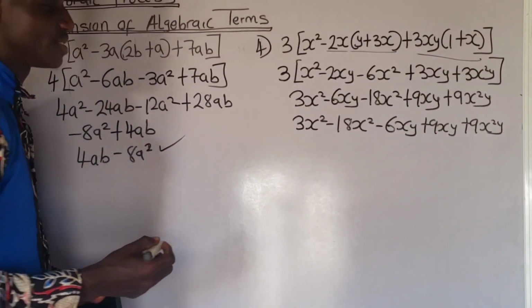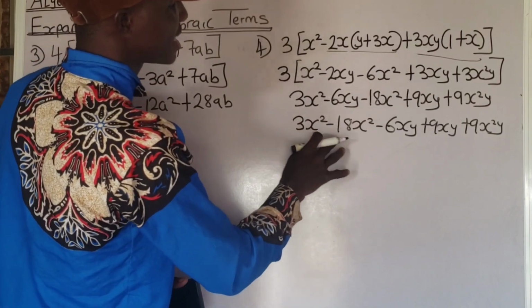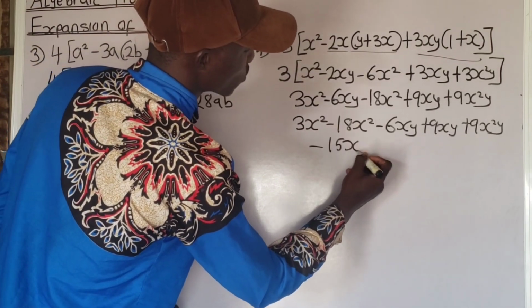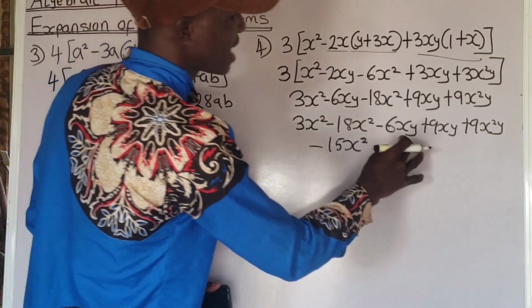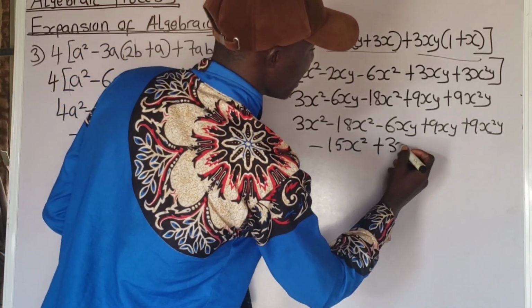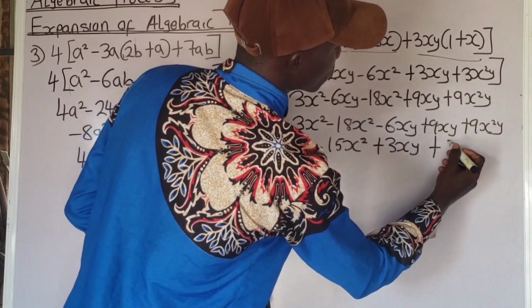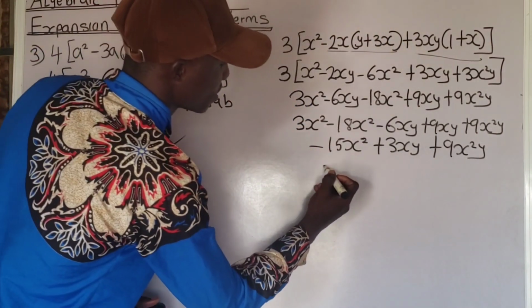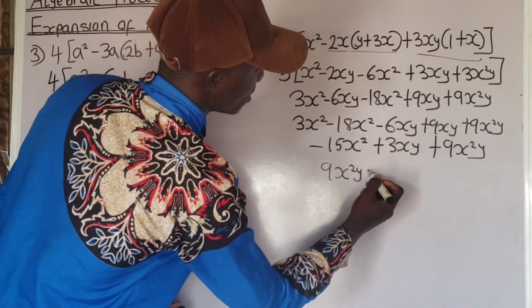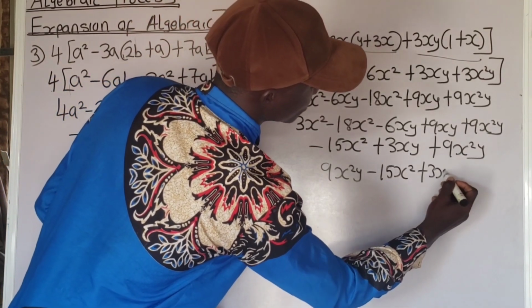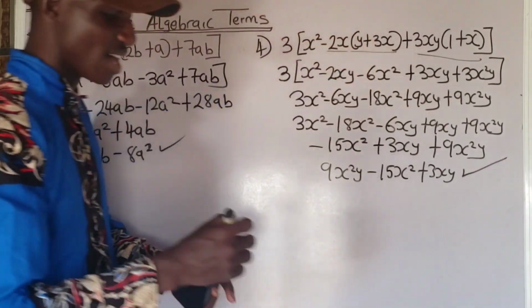I'm going to rearrange this. 3x squared, negative 18x squared will give me negative 15x squared. Negative 6xy, positive 9xy will give me positive 3xy. Then I'm going to have 9x squared y. Now, this can be rearranged as 9x squared y minus 15x squared plus 3xy. That is the answer.